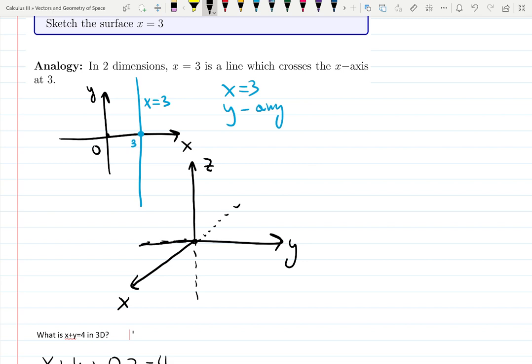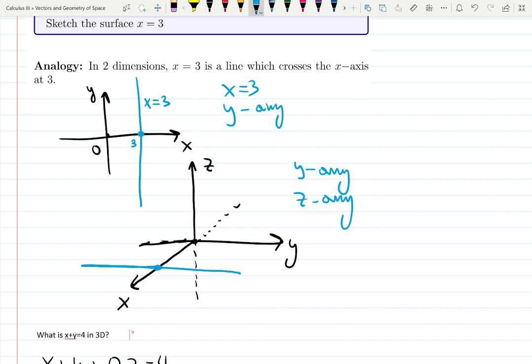Now, x equals 3 means I'm going 3 units towards me, right? And then everything else is arbitrary. Now y is any and z is any. Anything you want. Thus, y can go to the minus and go to the plus, right? That is a line.